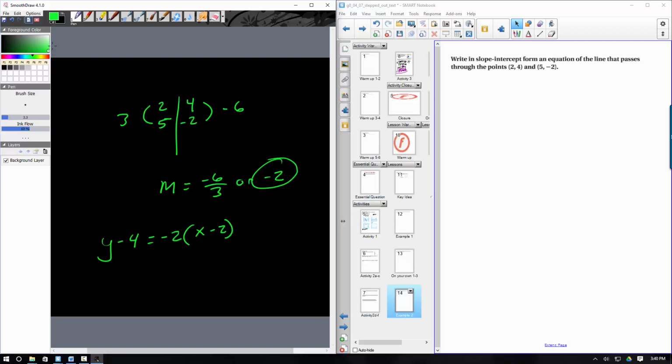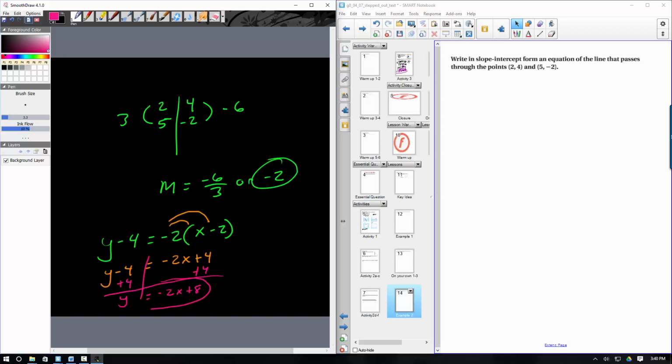Then we'll keep on going with this. I'll just distribute. So I'll have negative 2x, and then this becomes positive 4. And this all equals y minus 4, right? Of course, I want to get the y by itself. So I'll add 4 to this side, add 4 to this side, and I'll get y equals negative 2x plus 8.